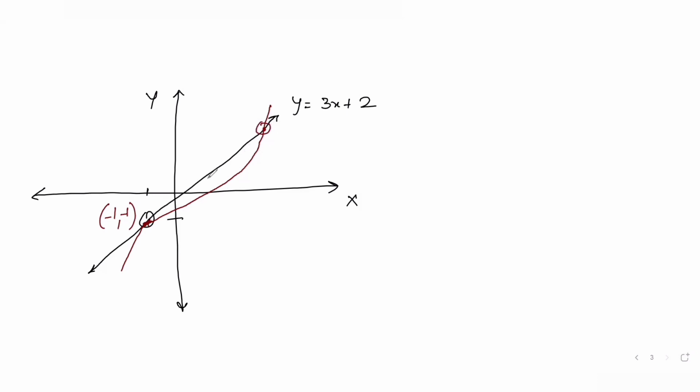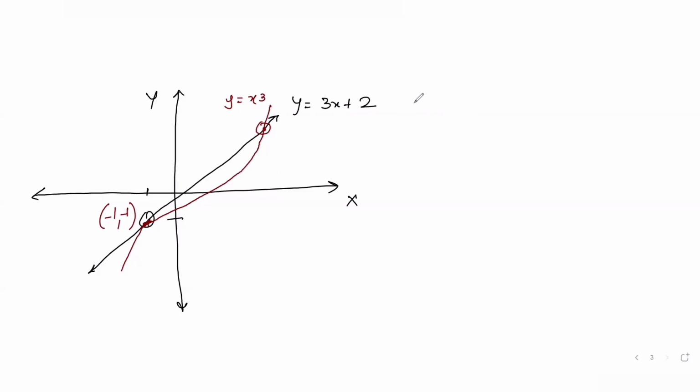We can apply the application of integration to find the area of the region enclosed between the two curves. So let's find the other point also. When we have to find the point of intersection of the curve y equal to x cube and y equal to 3x plus 2, I can equate both of them and get the values of x from there.